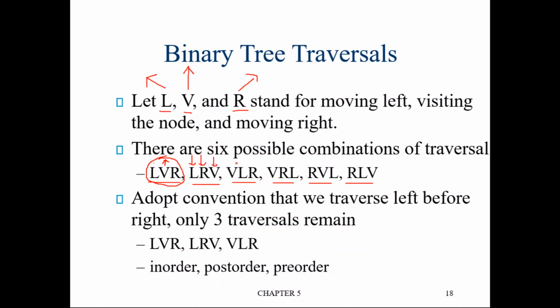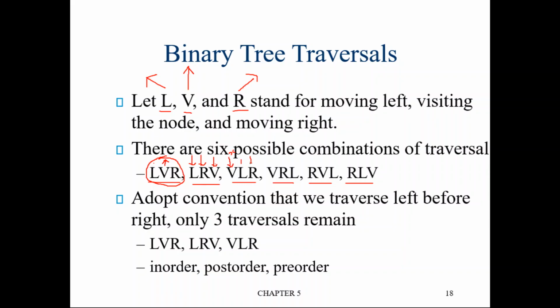VLR means first visit that particular node, whichever node you want to visit, X. Then visit its left child. Then visit its right child. We will finally be visiting all the nodes, but currently you start with one node, for example the root node or some other node.